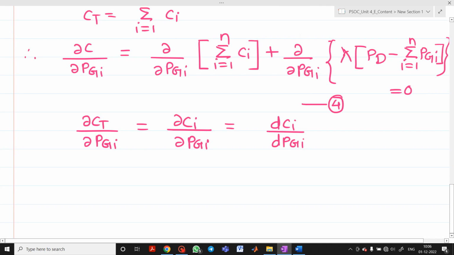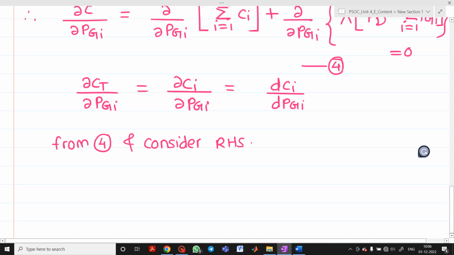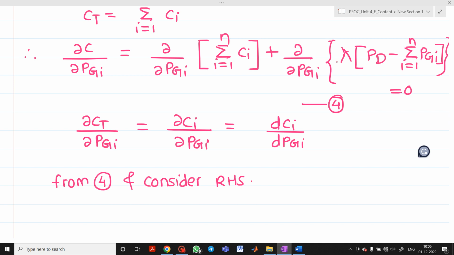Now I will do it for the right hand side only. From 4, consider the RHS, the right hand side. How can I write it here? This is dCi upon dPGi, because please see, ∂Ct upon ∂PGi will be equal to dCi upon dPGi.